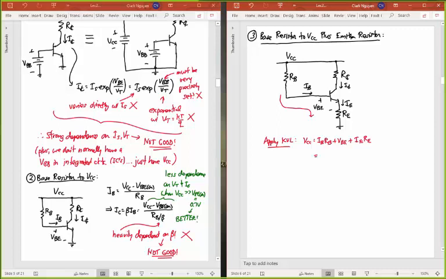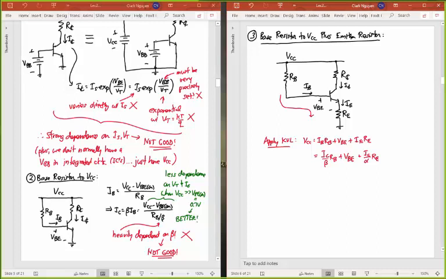This now, I can plug in things that I know. So I know that IB is equal to IC over beta. So I get an IC over beta times that RB. I get that VBE here. And plus, I know that IE is IC over alpha. So I'm going to multiply that by RE.